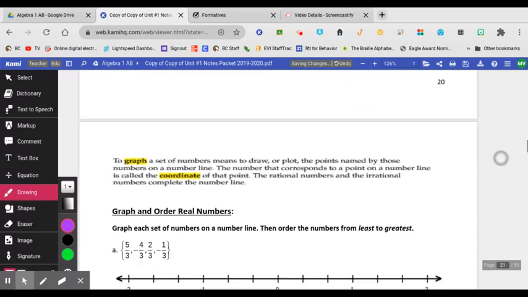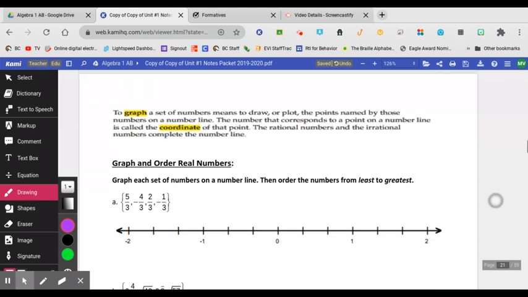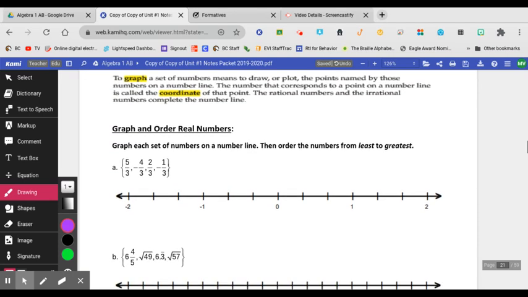So to graph a set of numbers means to draw a plot of the points that show the numbers. Each number corresponds to a point on the line called the coordinate. So this is where we're just estimating where it is. So 5/3 is a little bit more than 1. It's actually 1 2/3.